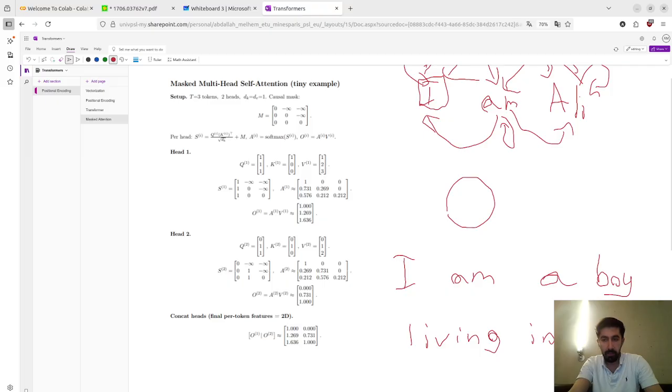Okay. I is supposed to just look at itself. Am is supposed to do attention with I and itself. A does it with I and am and itself. So every word is only allowed to look at the past and not at the future.